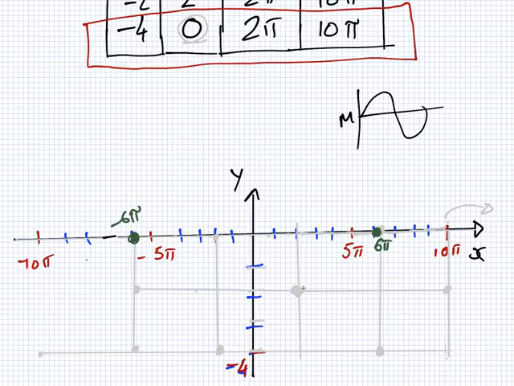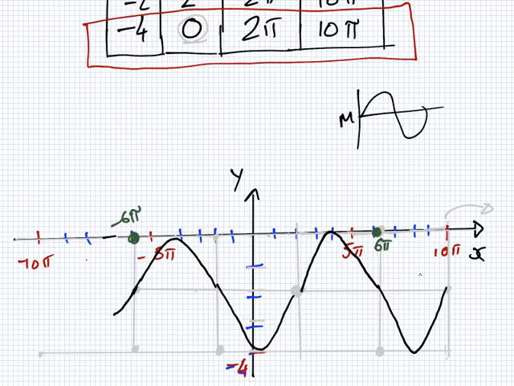Drawing time. Up. Down. Down. Up. And then here it's the same. Up. Down. Down. And up. And here is the same. Okay. So I have too much. Now, time to remove.